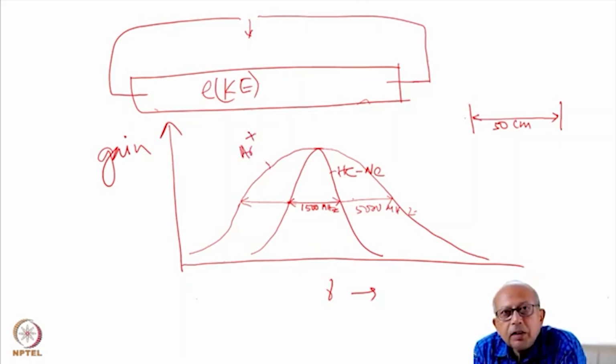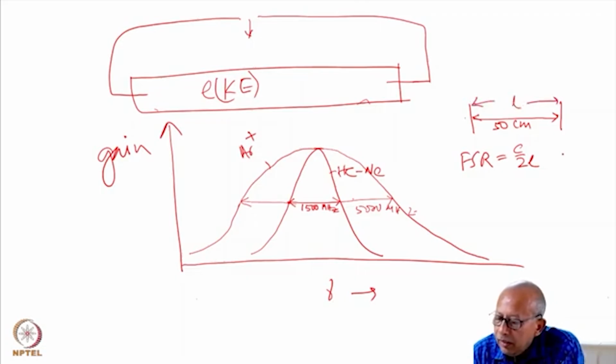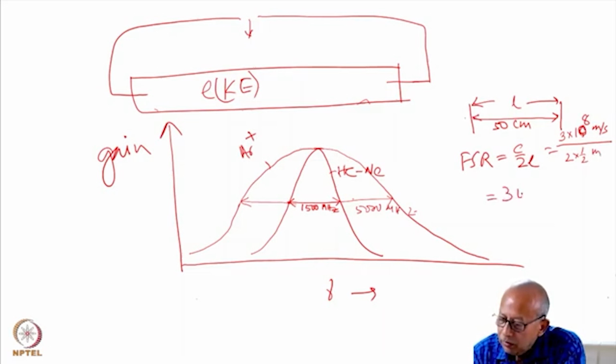So for 50 centimeter cavity length, the free spectral range, which is equal to c by 2L, where L is the length of the cavity. In this case, it is velocity of light, 3 into 10 to the power 8 meter per second, divided by 2 into L. L is 50 centimeter, so half meter. So this is equal to 300 into 10 to the power 6 hertz. So this is equal to 300 megahertz.